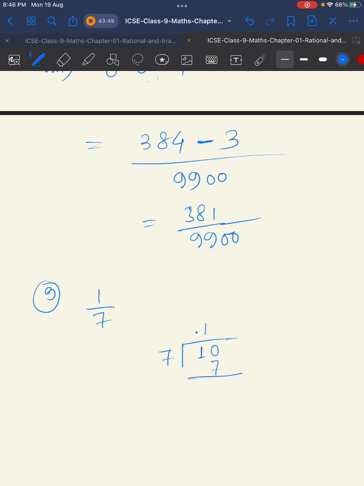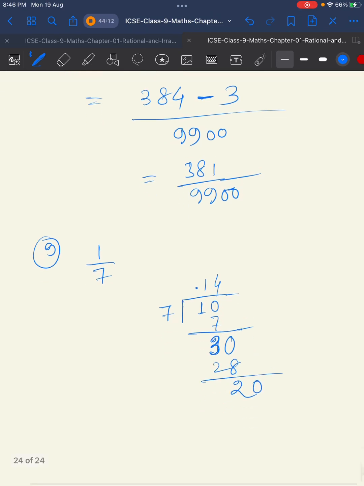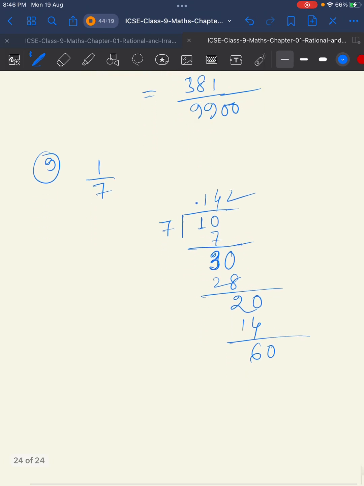Now 7 1s are 7. Okay, so here we get 3, and for the point we take 0. Now 7 4s are 28, so here we'll have 2, and 0. 7 2s are 14, here we'll have 6, 0.